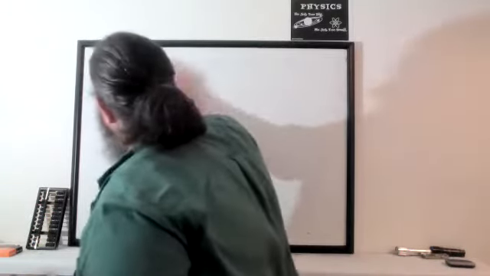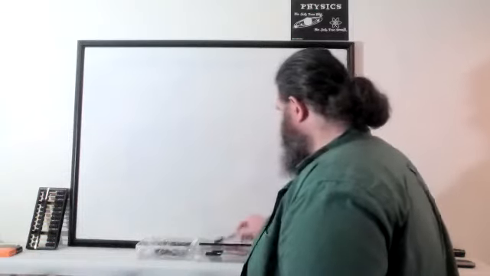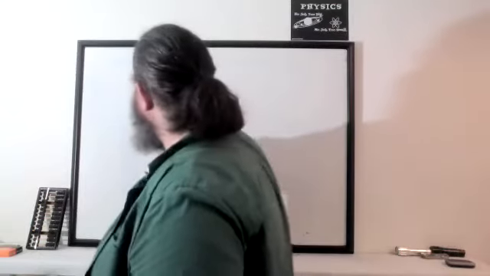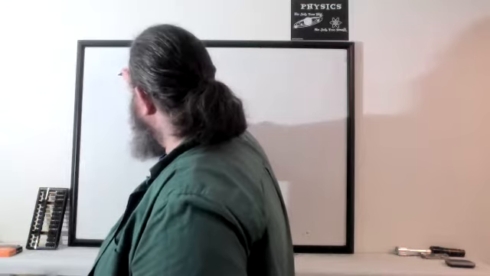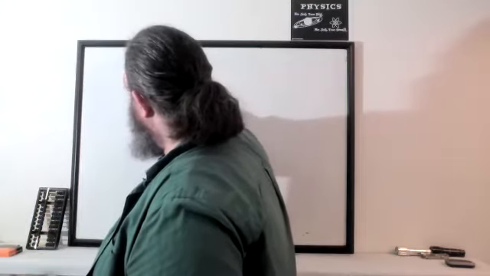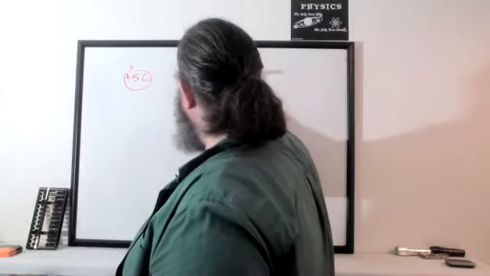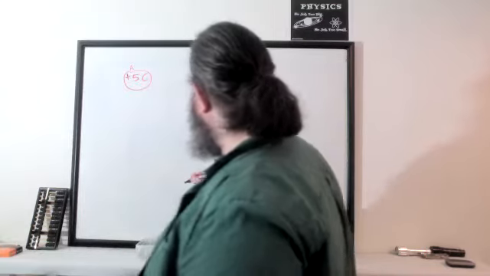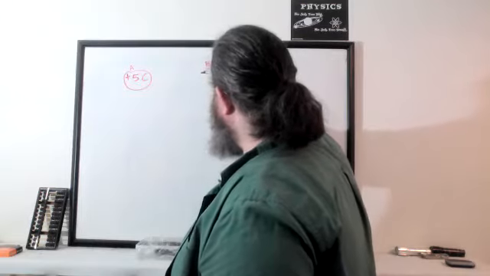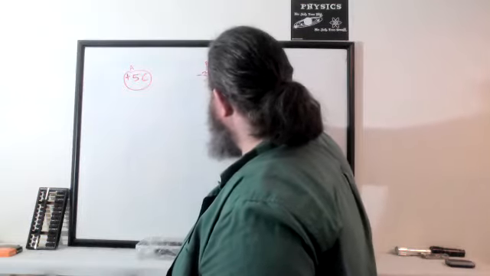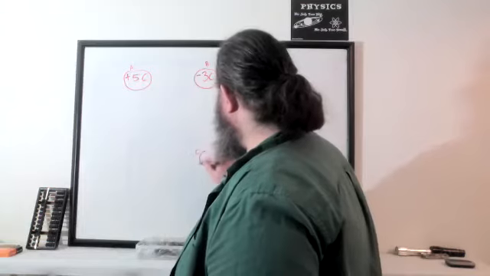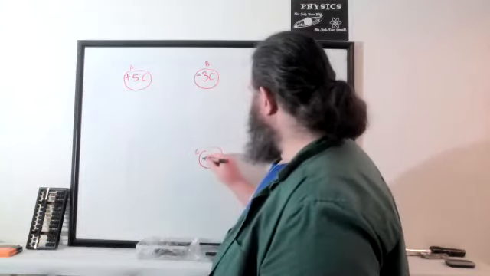For example, let's say we've got charge A, which is positive 5 coulombs, and charge B, which is negative 3 coulombs, and charge C, which is negative 4 coulombs.